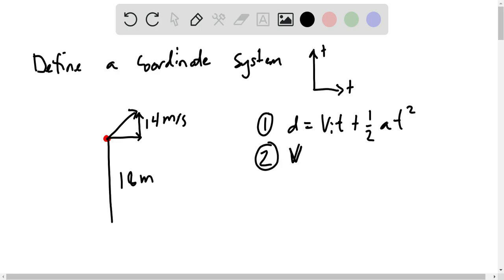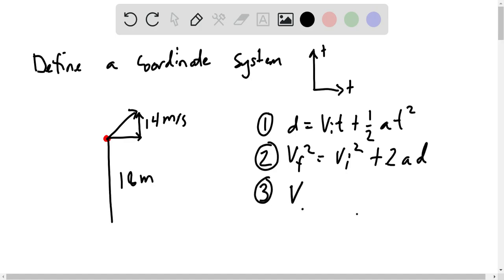So I'm going to write the rest of the kinematics equations here. So we have vf squared equals vi squared plus 2ad.